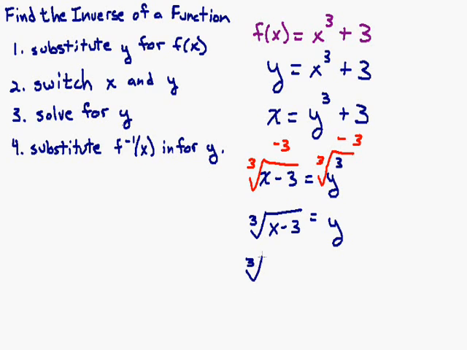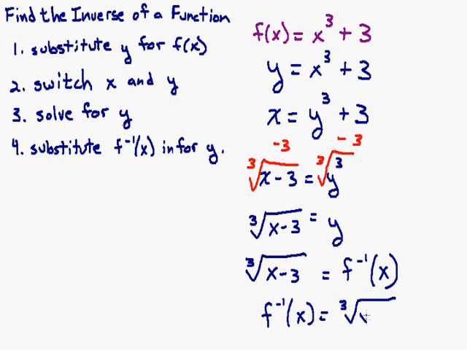That gives me f inverse of x equals the cubed root of x minus 3. And that's it. So your original function, f of x equals x cubed plus 3, has the inverse function of the cubed root of x minus 3.